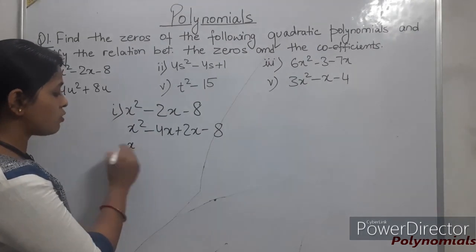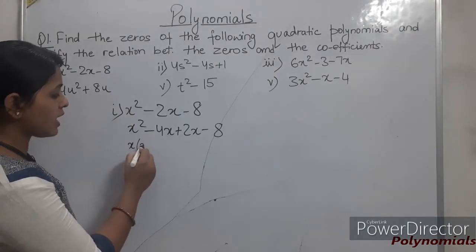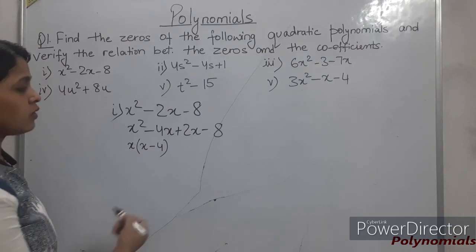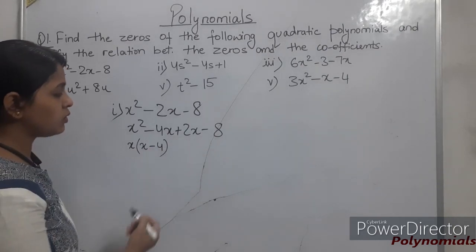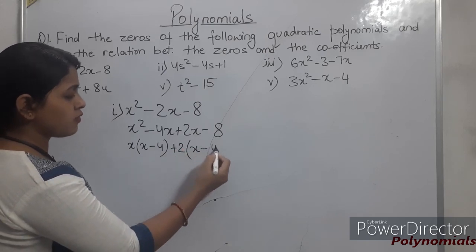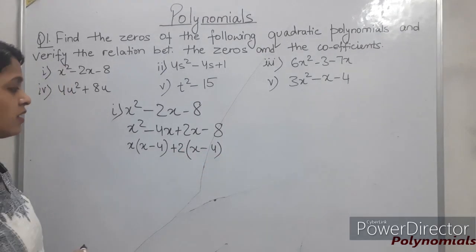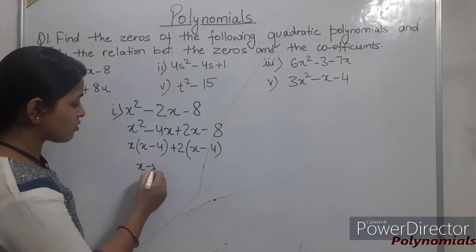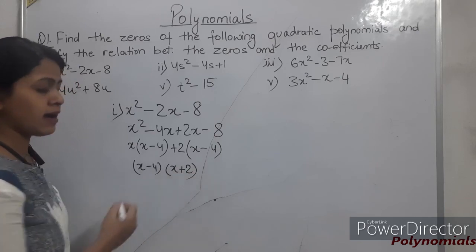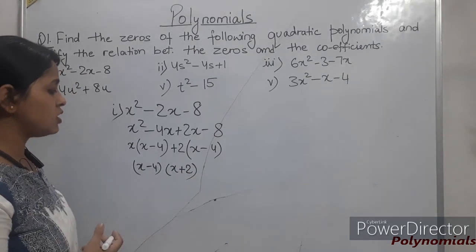So take out x as common, and we can write x minus 4. In the second part, we can take 2 as common and write x minus 4. So what we have observed is that x minus 4 and x plus 2 are our required factors.